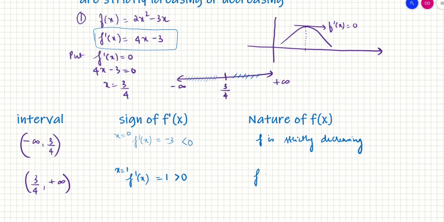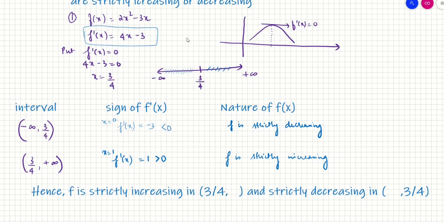So f here is strictly increasing. And hence, f is strictly increasing in the interval 3 by 4 to plus infinity and strictly decreasing in the interval minus infinity to 3 by 4.